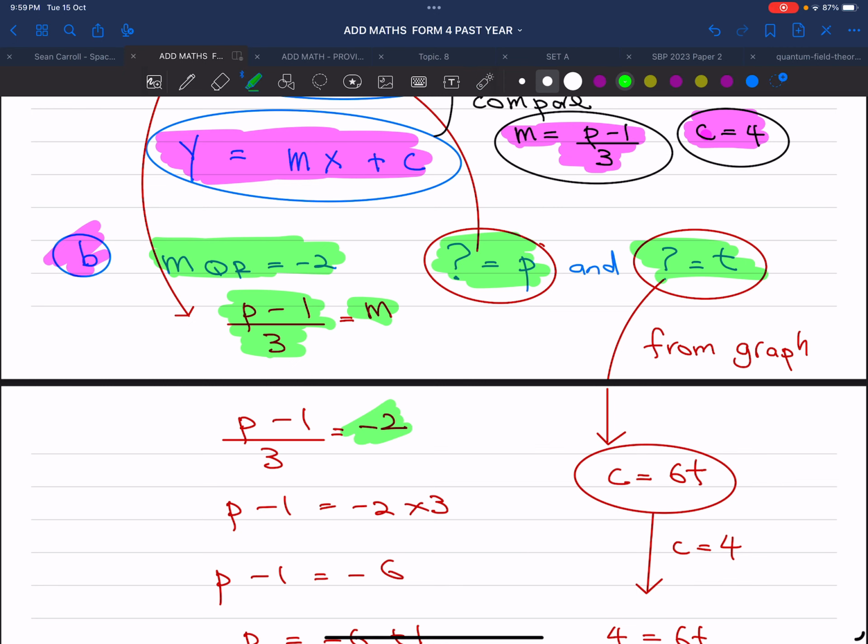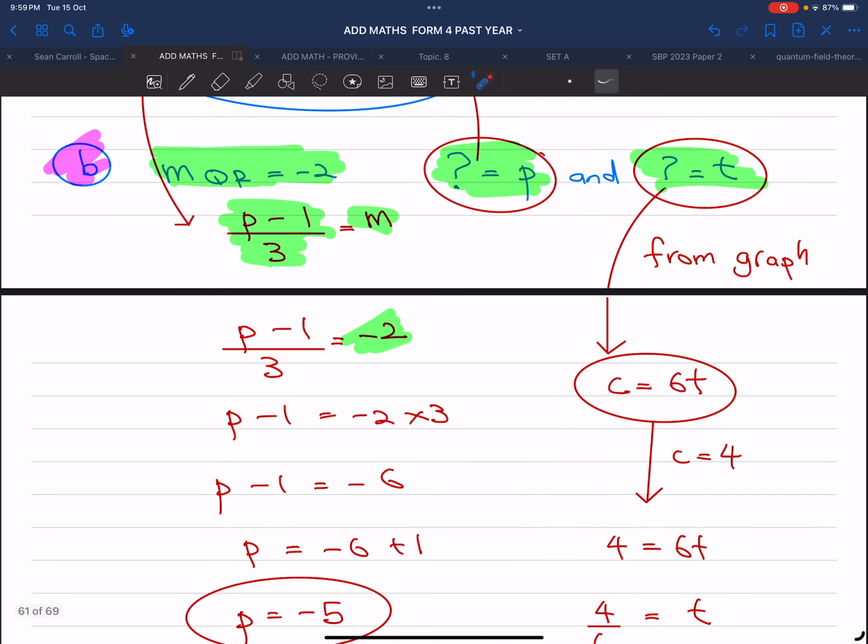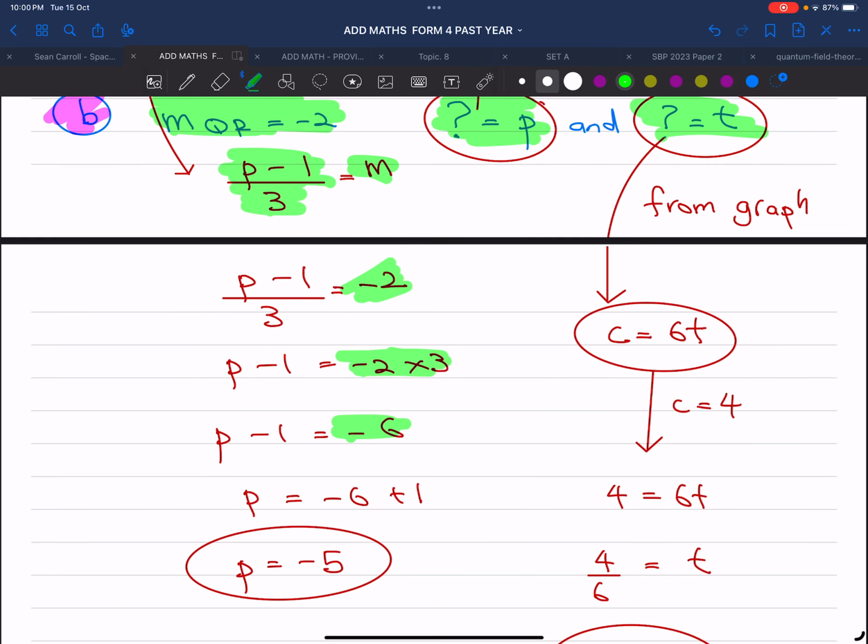All we have to do now is solve this equation. The 3 transfers and becomes times 3, so that will be negative 2 times 3, which is negative 6. On the left hand side we have p minus 1, so minus 1 transfers and becomes plus 1. Therefore, p equals negative 6 plus 1, which is p equals negative 5. We got the first answer.